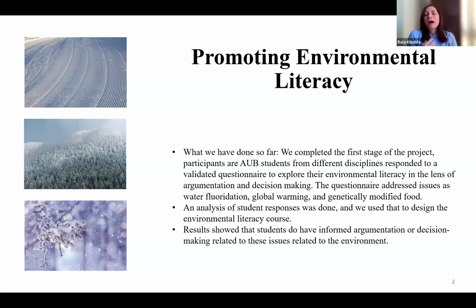It asked them to generate arguments and decision-making related to socio-scientific problems. And these socio-scientific problems were water fluoridation, global warming, and genetically modified food. So these university students had responses to that. And then we analyzed the students' responses and we used them to design the environmental literacy course.